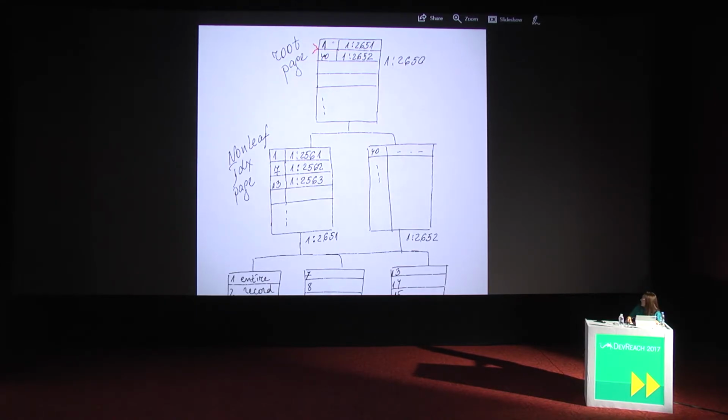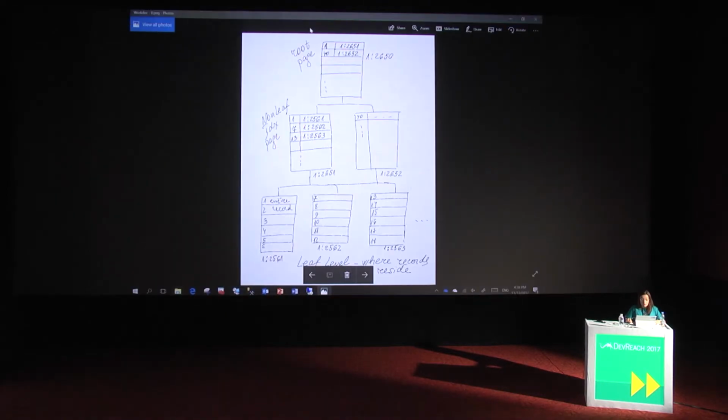I go to that particular page, so I'm interested in that page. I go to the next level. So I go to that page. I know that my sales order number 8 is stored on that page because it stays between 7 and 13. So my next page in my seek operation will be that one. And going to that page will allow me to read my sales order ID. So this is my clustered index seek operation.